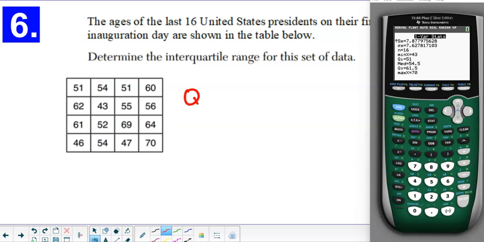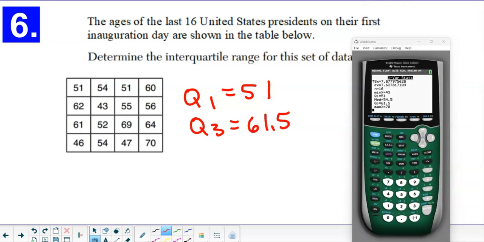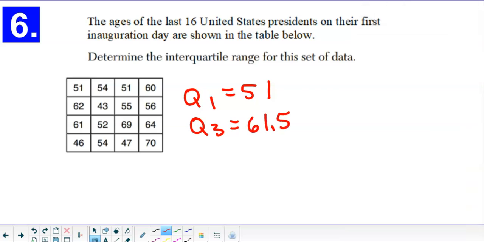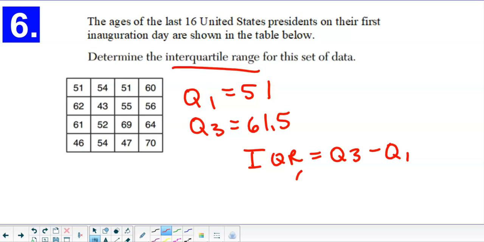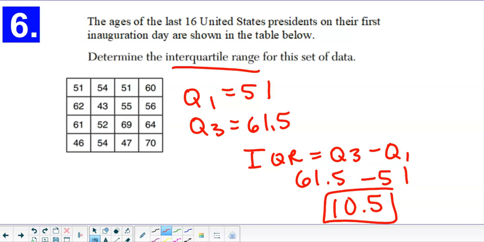So for us, we're going to write Q1 equals 51, Q3 equals 61.5, and I don't need to show how I got those numbers, but I do need to show how I got the interquartile range. And IQR is found by subtracting Q3 and Q1. So 61.5 minus 51, and I'm going to get 10.5, and that's what I put my box around.